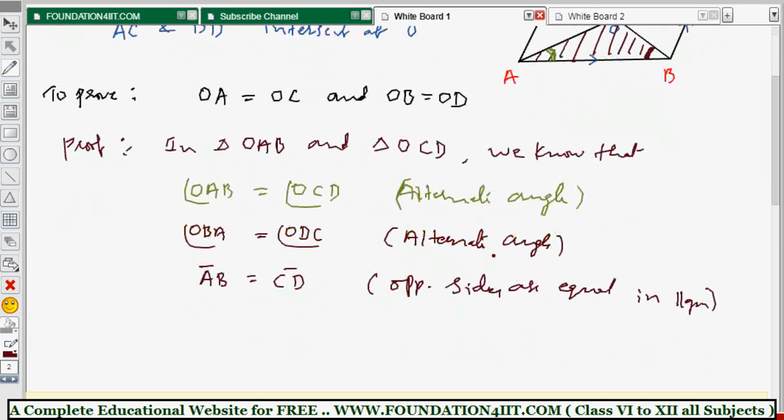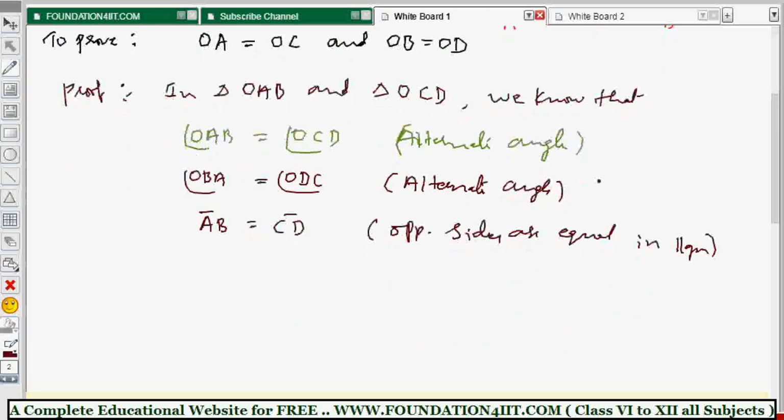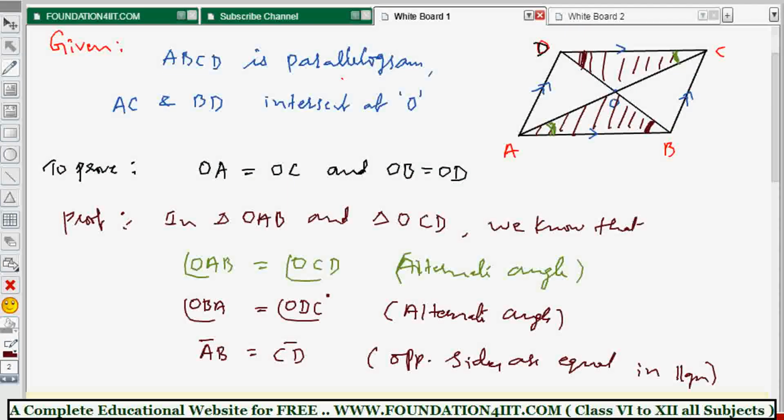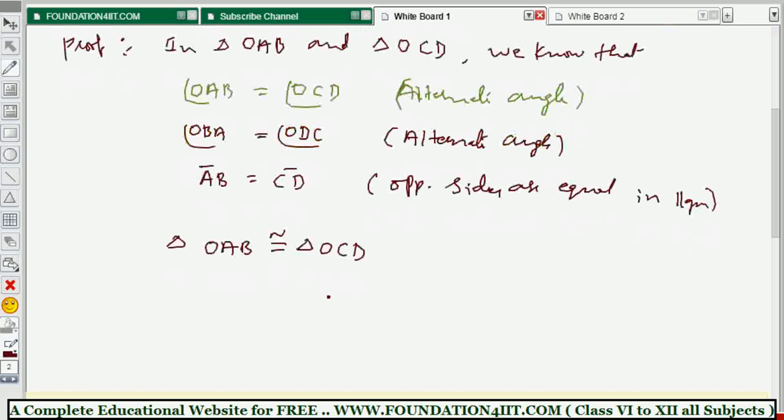Then according to the angle-side-angle axiom, we can say that triangle OAB is congruent to triangle OCD. Yes, angle, side and angle, that is the ASA axiom. According to this axiom, these two are congruent.